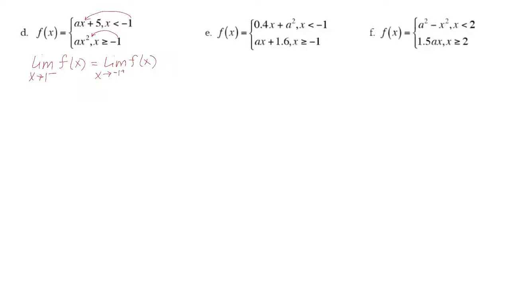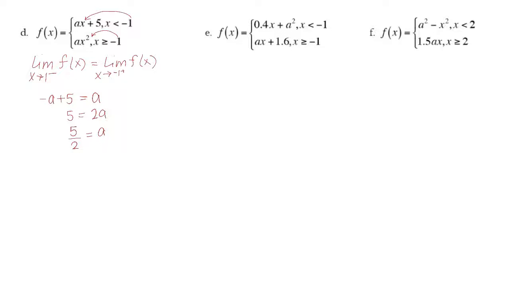So if I sub in -1 for x, that means I have negative a plus 5. That needs to be equal to, well, -1 squared is just 1, so I'm going to get an a. So notice 5 equals 2a, and so 5 halves is going to be a.